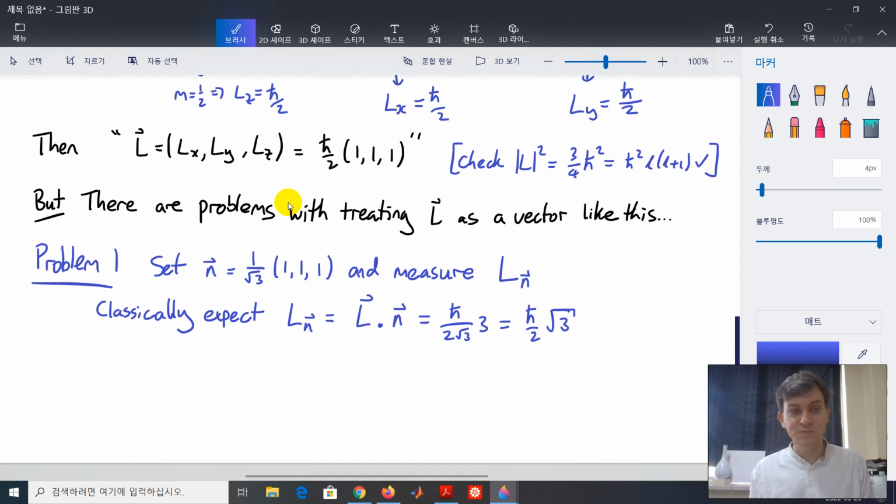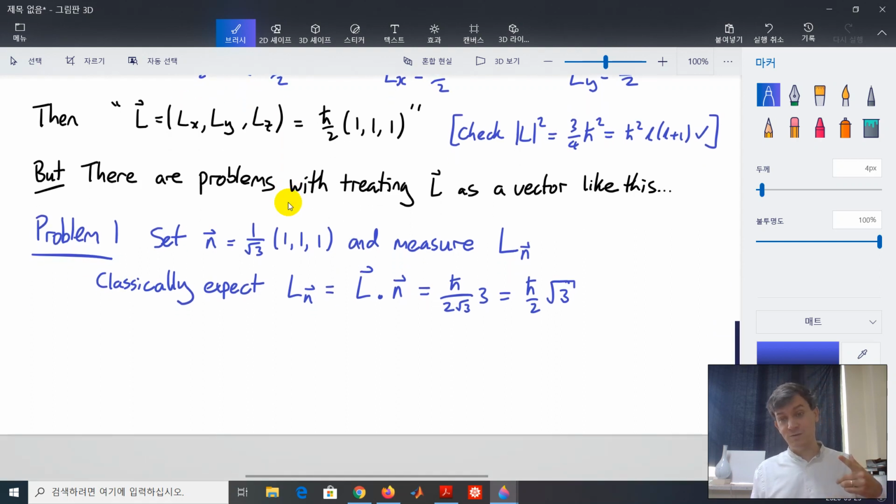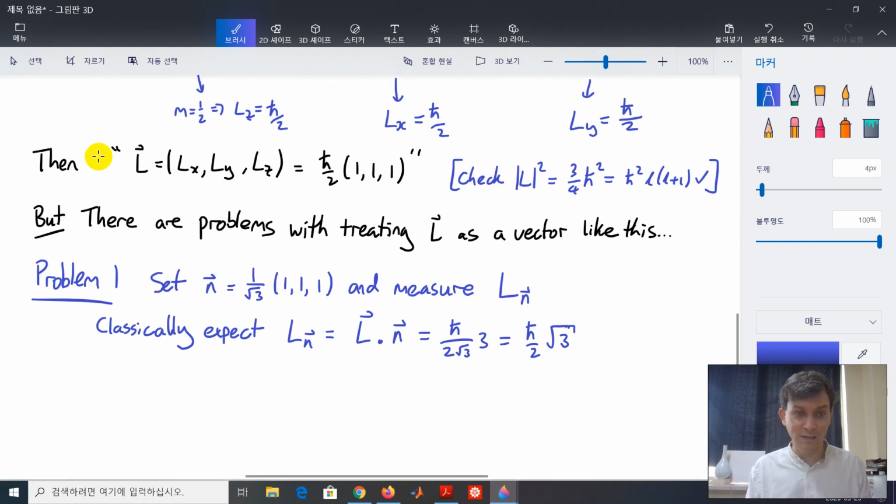But if you actually were to do this experiment, after determining the x, y, and z components of angular momentum, and put it through a final apparatus to measure the component in this direction n, then you would not get this result.